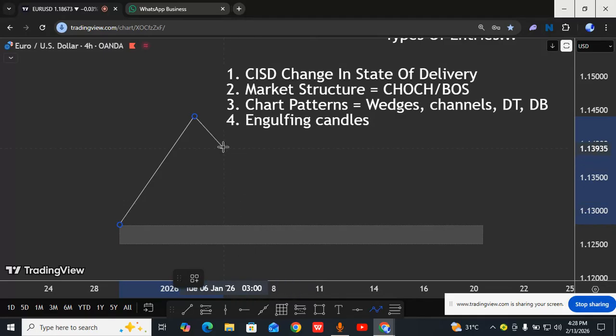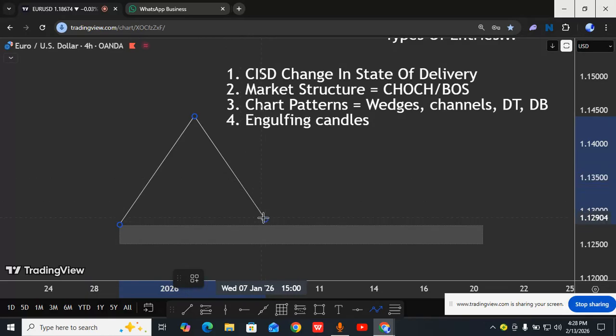What change in state of delivery does is that when price is retracing down, there's most likely going to be some liquidity, both external and internal. Internal is like FVG, previous day low or previous week low or previous session low, that we might have over here that price is going to take out.